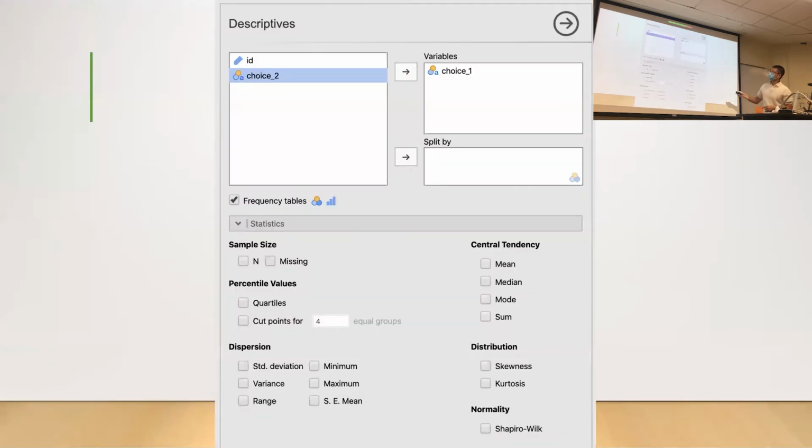And it looks like this. So you just drag your variables from this part to here. And then you would check frequency table, sample size, and missing. So it tells you how many people you have in your sample. And then missing is how many people are missing the data. Like they did the survey, but they didn't answer the question. And then standard deviation, range, mean. I think that's enough.